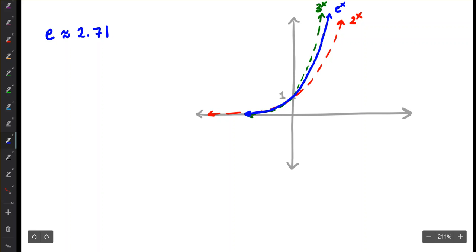All right, so our exponential functions all pass the horizontal line test, so they have inverses. They're one-to-one functions. If we literally switch every ordered pair on e to the x, we have this symmetry about the line y equals x.